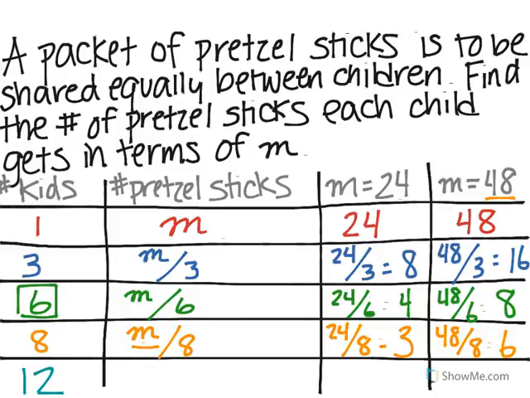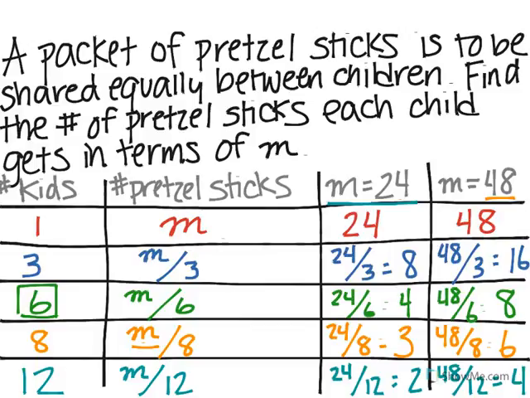Now, 12. M pretzel sticks divided by 12 kids. If m equals 24, we're going to substitute 24 in for m. Divided by 12. They each get 2 sticks. And when m is 48, divided by 12, they each get 4 sticks.